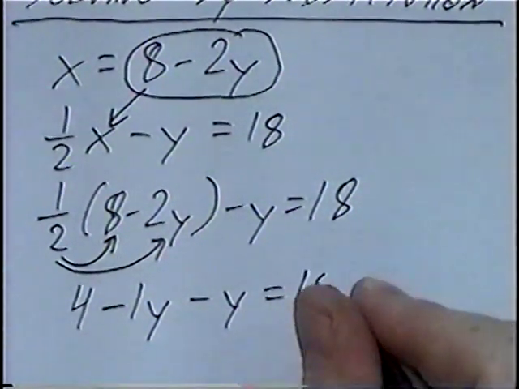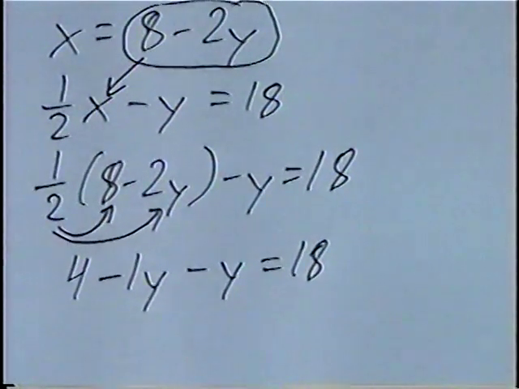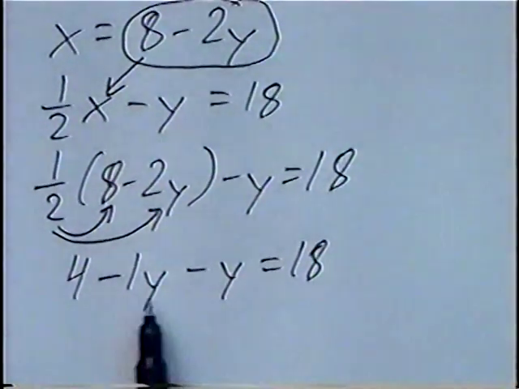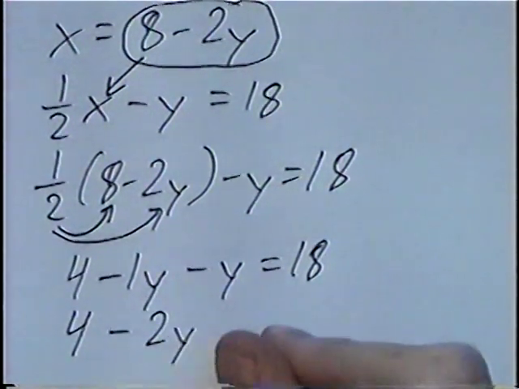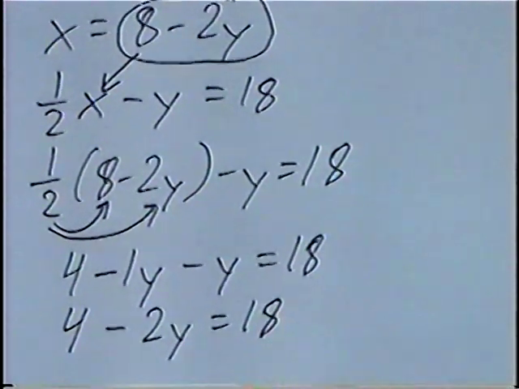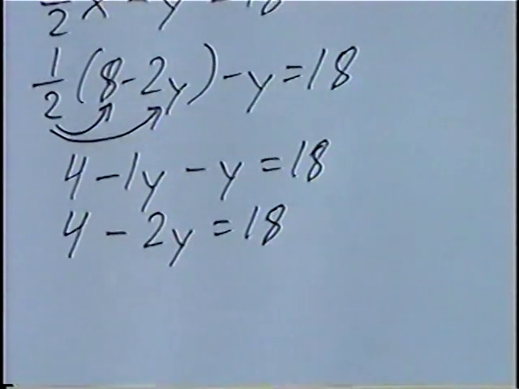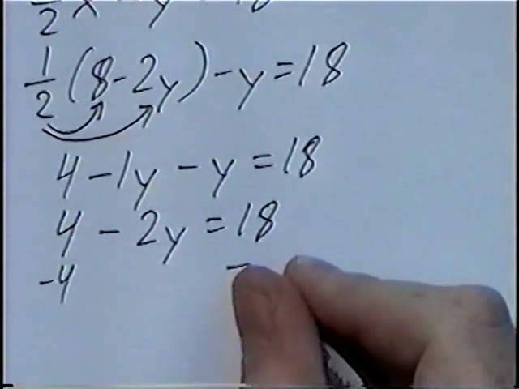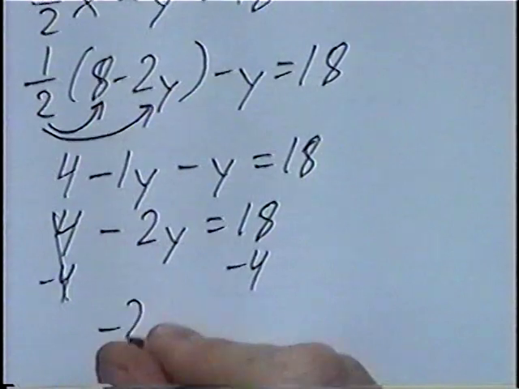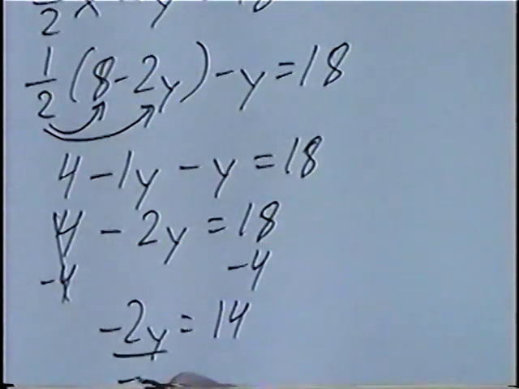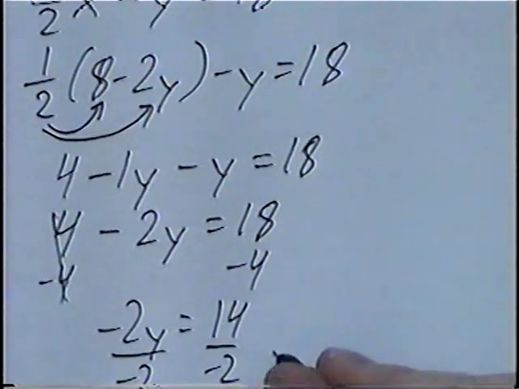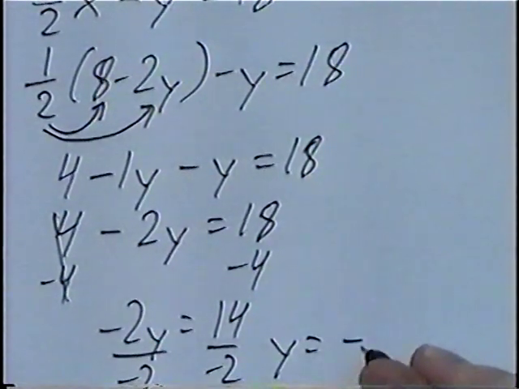Minus y equals 18. Combining like terms, -1y minus y would be -2y. And subtracting 4 on both sides, -2y equals 14. Dividing, and we get our first answer, y equals -7.